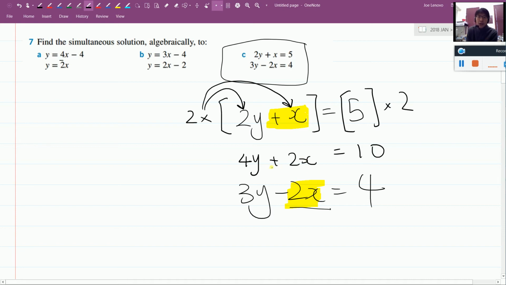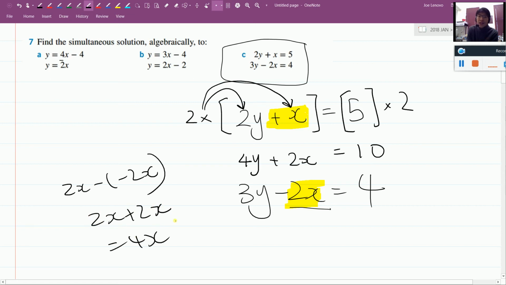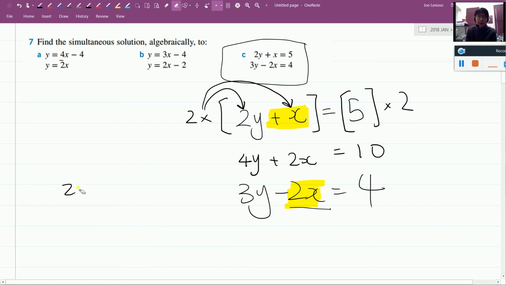To cancel them, if I minus 2x minus negative 2x, it becomes a plus, which is 4x. That is not ideal, because 4x is not what we want. We want to have 0. We don't want to see any x when I've finished mixing those two equations together.